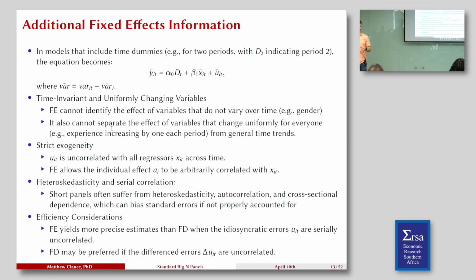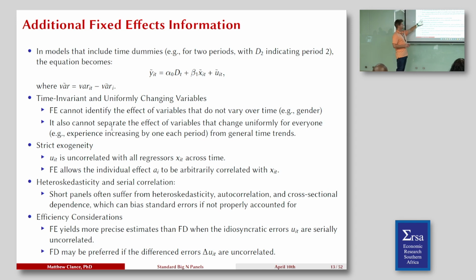We need to know what's the movement. How much variation do we have in these? If I choose to use one of these methods, does it take something that was huge variation across the population and move it down to something that is very small? These are all things that we have to keep track of. It's not just throwing them into the models and running them. Okay? We still assume strict exogeneity.